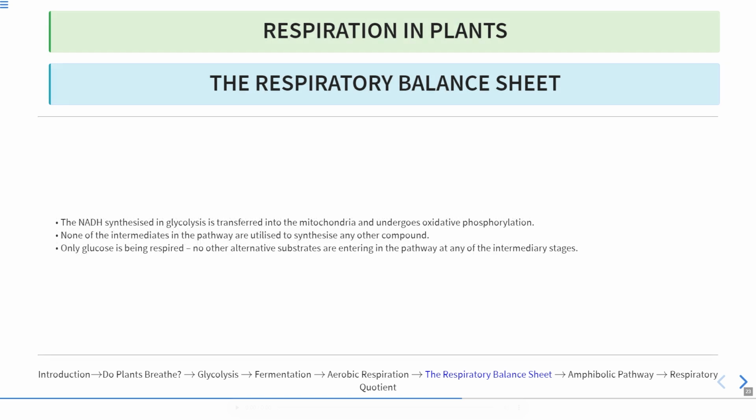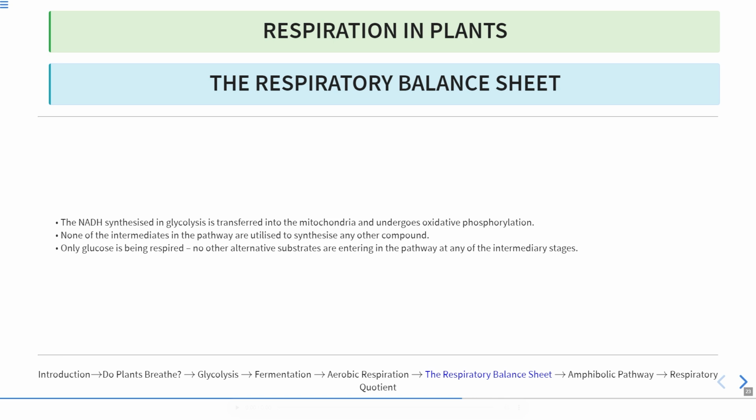The NADH synthesized in glycolysis is transferred into the mitochondria and undergoes oxidative phosphorylation. So NADH2, which has been synthesized in the glycolysis process, is transferred inside the mitochondria, and that undergoes the oxidative phosphorylation process.